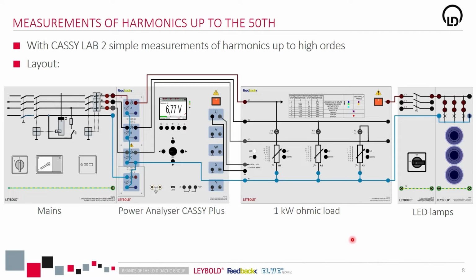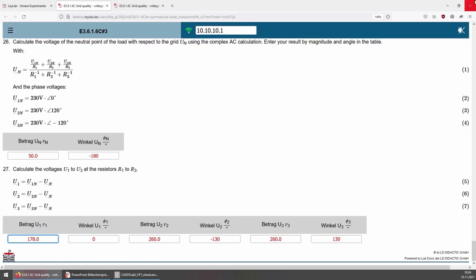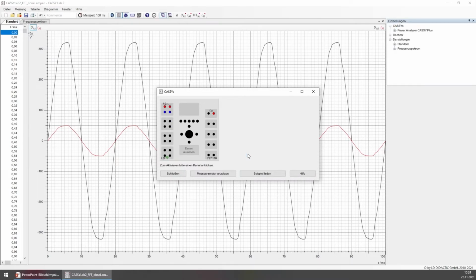I will now launch my CASSY software, where I can show you the measurement of the harmonics. I have to close the LabDoc files, and then connect to my Power Analyser CASSY again.